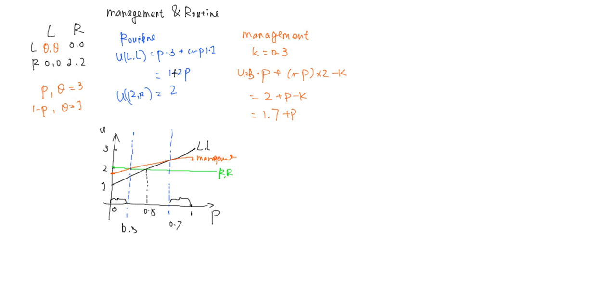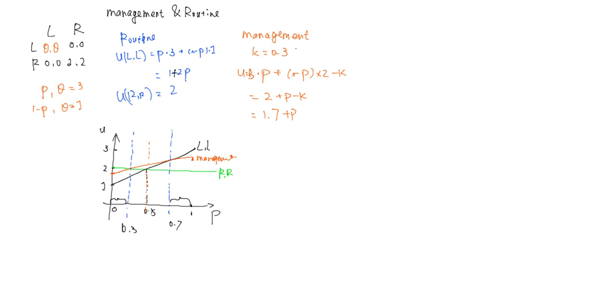What management brings to the table is when the uncertainty is high, so you actually do not know what the state of the world is likely to turn out to be. That is when management becomes extremely valuable, because it can tell you which state of the world it is, and you can do the optimal thing. You will notice that the management value is largest when p is 0.5, exactly because when p is 0.5, the uncertainty is the highest.